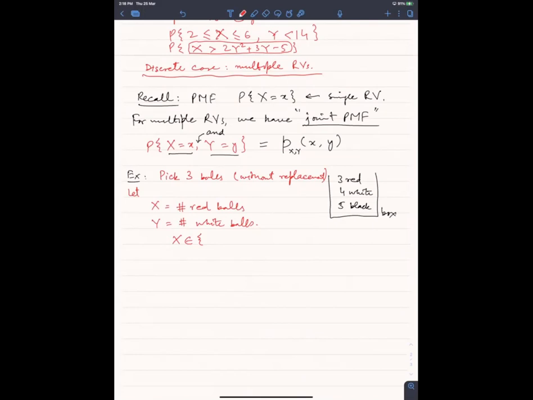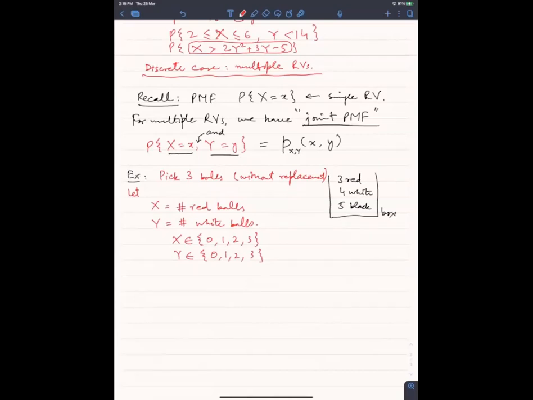So x can take values 0, 1, 2 और 3. जब भी हमने 3 balls pick किए, हो सकता है एक भी रेड ना आए, हो सकता है एक आ जाए, हो सकता है 2 आ जाए, हो सकता है तीनों ही रेड आ जाए. ठीक है? And what is the support set of y, which means what are the possible values that y can take? Y takes the same values, 0, 1, 2, 3. Y can also take these 4 values.